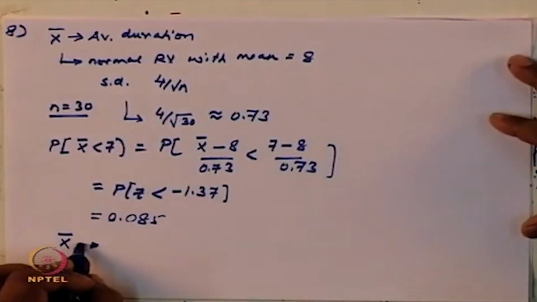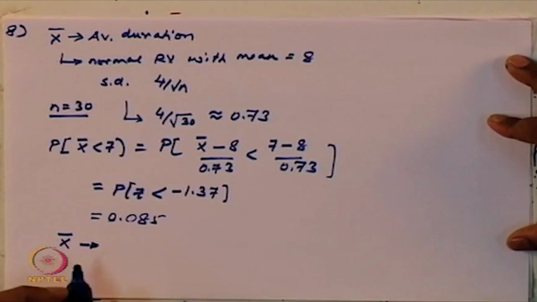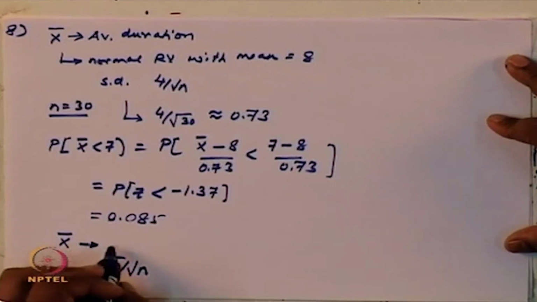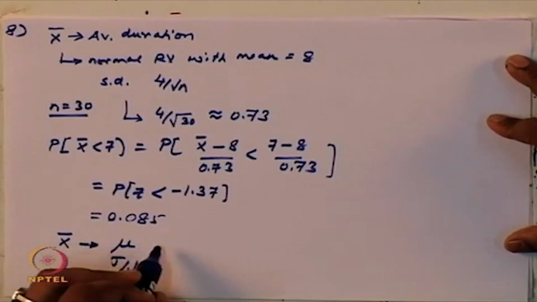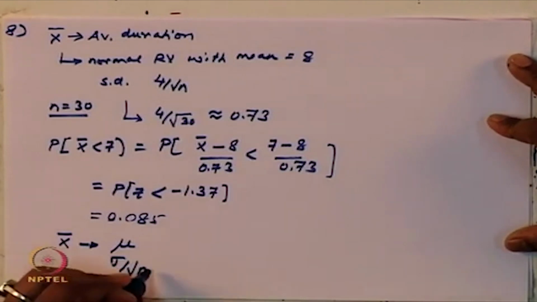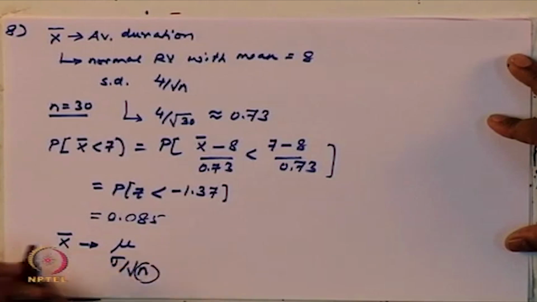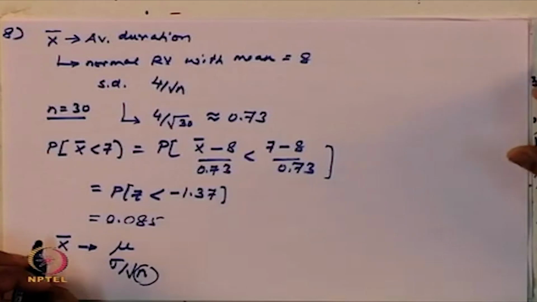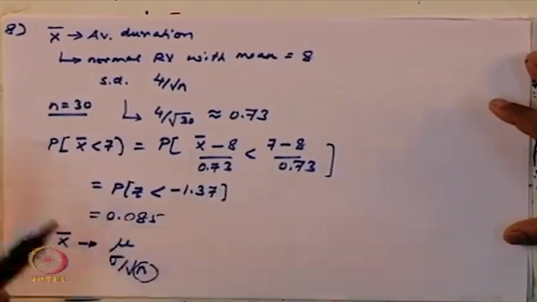The mean of x bar is mu, the same as the x random variable, but the standard deviation is sigma by root n. Because of this scaling, when you increase the number of measurements, you get a much better estimate of the sample mean. With that, I will stop here and we will continue in the next class.